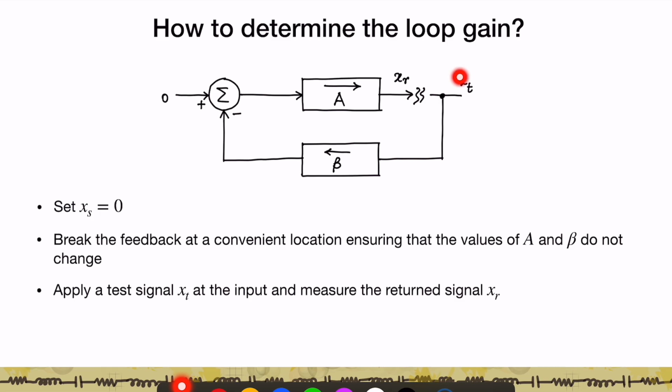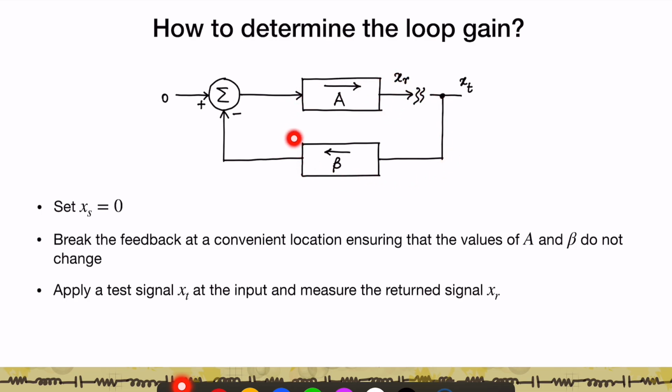And then what you do is apply a test signal at the input of beta, or the input of the feedback network, see how that signal traverses, and basically measure the return signal, which is XR. So you apply a test signal at what would have been the output of the amplifier, and you measure the return signal outside the amplifier.